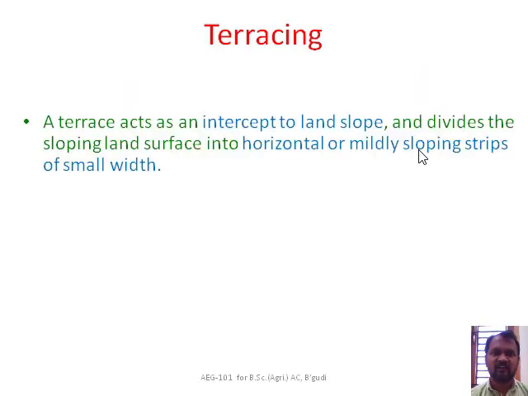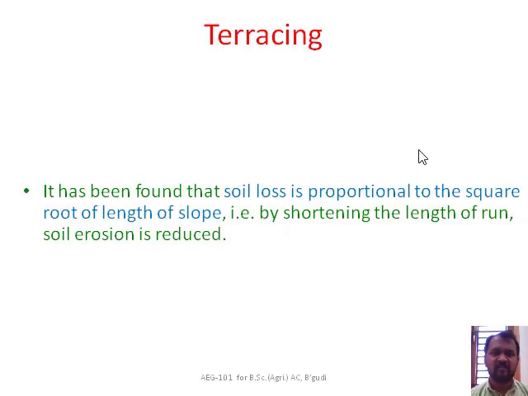A terrace acts as an intercept to the land slope and divides the sloping land surface into horizontal or mildly sloping strips of small width. It has been found that soil loss is proportional to the square root of the length of slope. That is, by shortening the length of run, soil erosion is reduced.